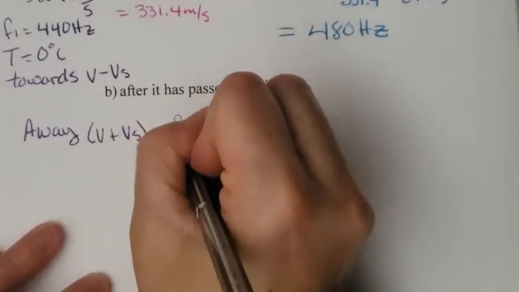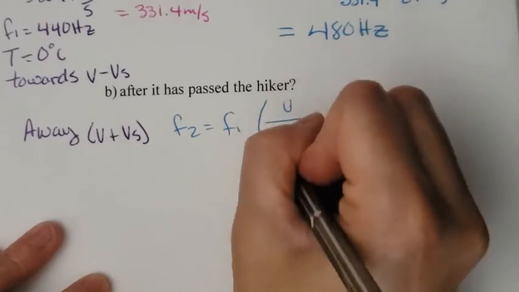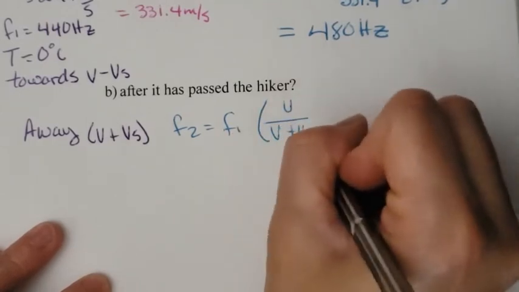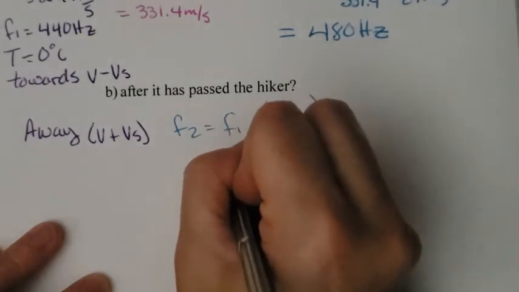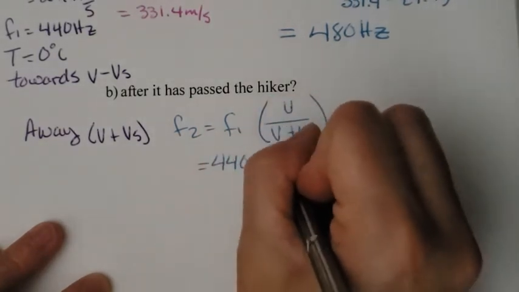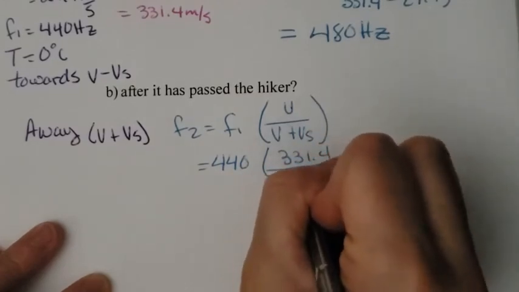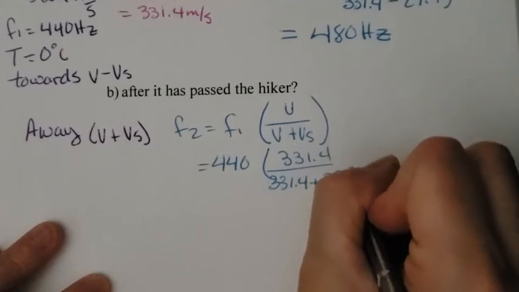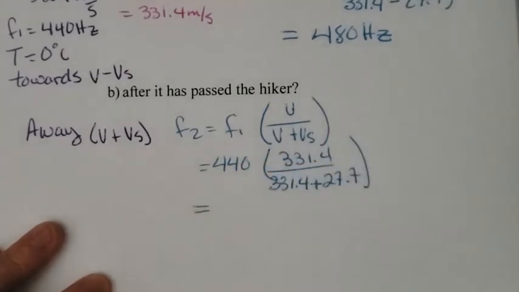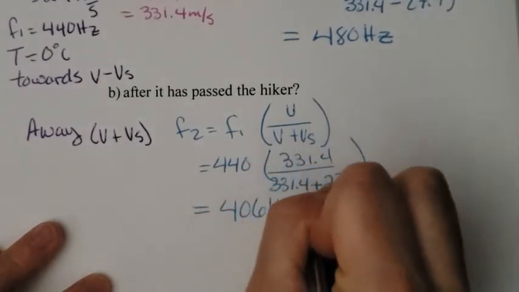So F2 is equal to F1 times V over V plus Vs. Plug in everything you know. This time it's going to be 440 times 331.4 over 331.4 plus this time 27.7. When we put all the information into your calculator, you should get 406 hertz.